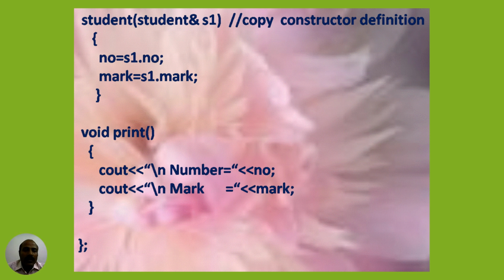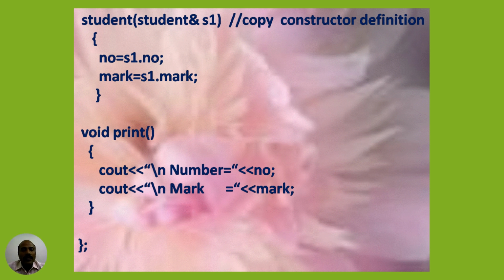And the copy constructor definition is student, ampersand s1, as we have already seen in the syntax. That is number equal to s1 dot number and mark equal to s1 dot mark. S1 dot number means the object s1 has the private values number and mark.